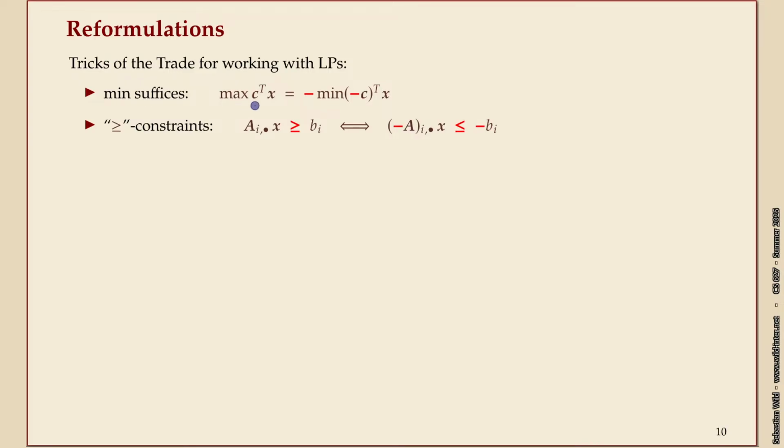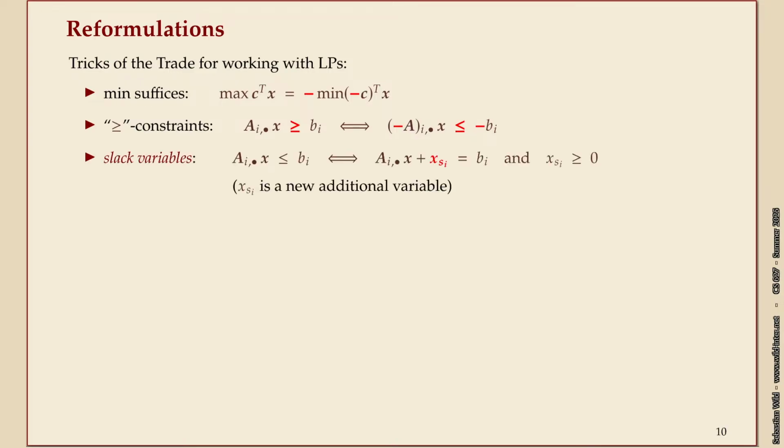Or if you want to maximize revenue, you minimize loss. If you have greater equal constraints, you just multiply them with -1 and they turn into a lesser equal constraint. That's, I'm not going to say elementary school, but high school at best. There's a few more tricky tricks.